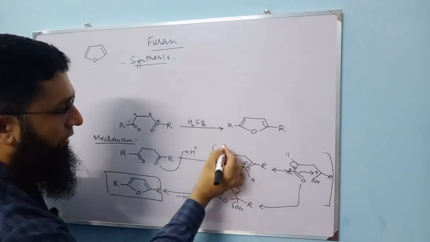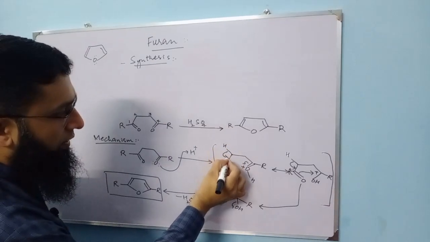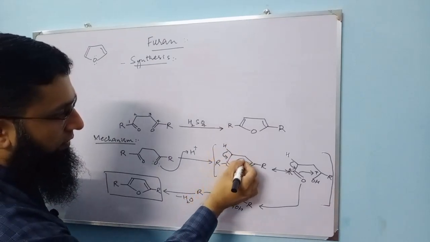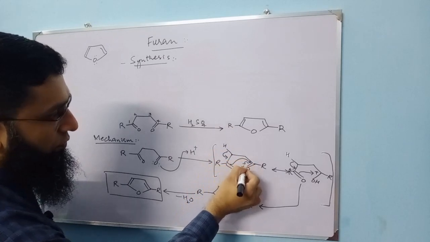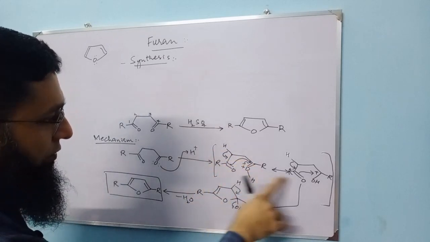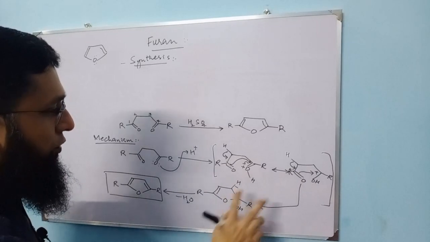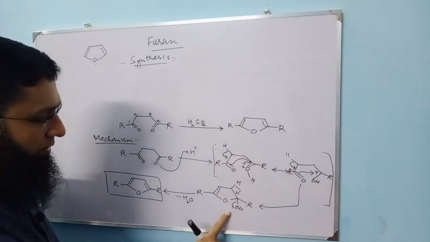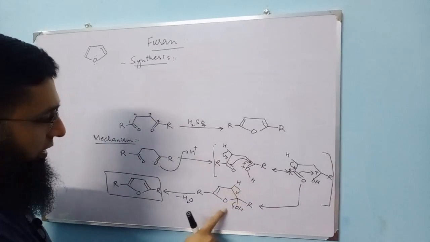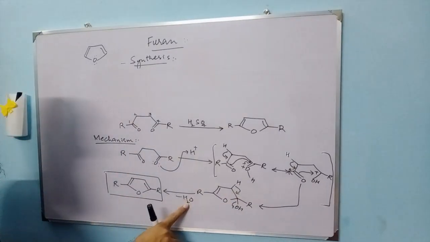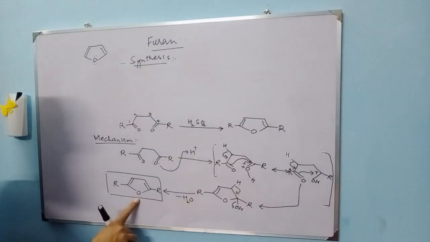Same can happen here. This bond can shift here and this can attack at this position. This bond would come here. As a result of using both the forms, we will get the same structure, and then in the last step again water molecule would be eliminated and we would get furan derivative.